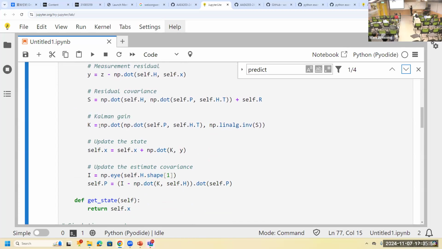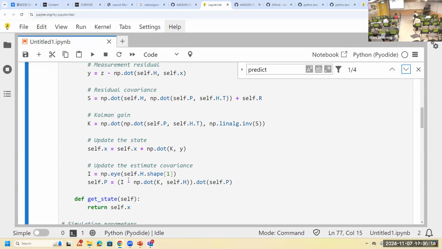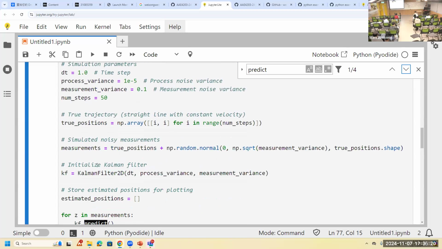Lastly, you can calculate P, where I means identity matrix. For example, I 2 by 2 means an identity matrix of size 2 by 2. Finally, you can get your states.